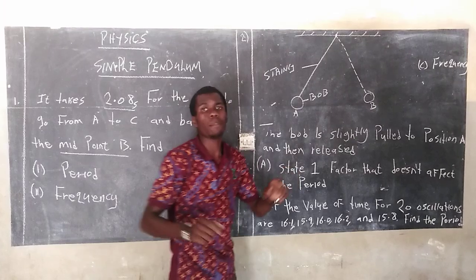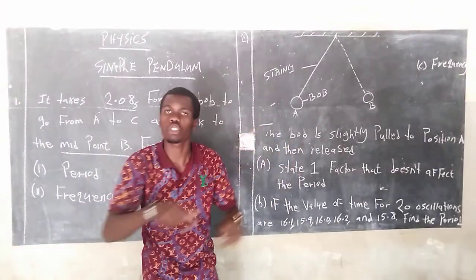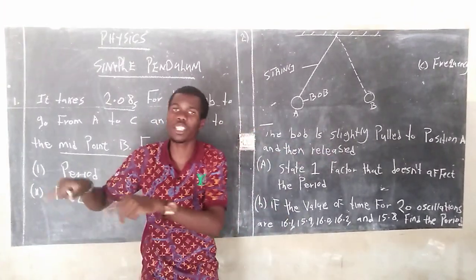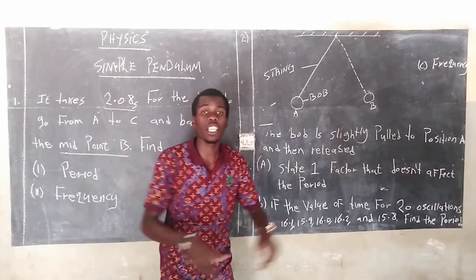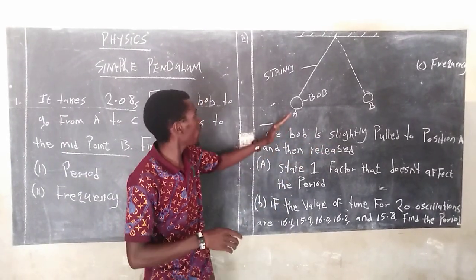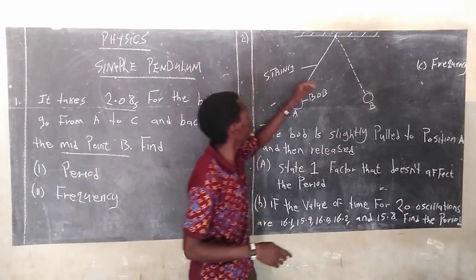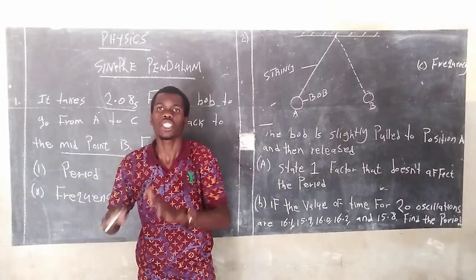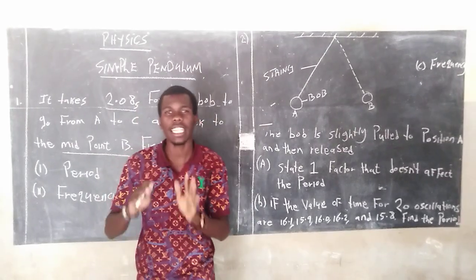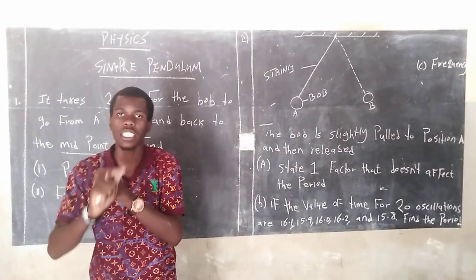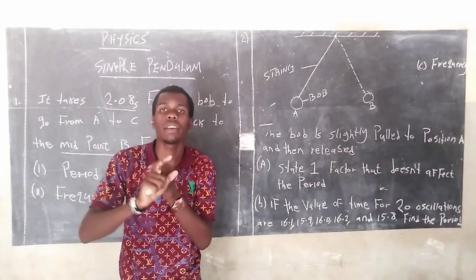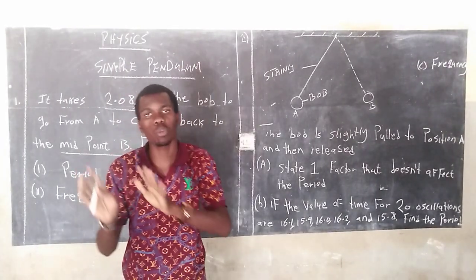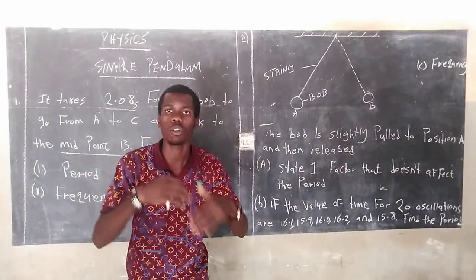So now they are able to swing, under the influence of gravity. In a nutshell, a pendulum is just a body that is suspended from a fixed point, like this one, and it is able to swing under the influence of gravity.